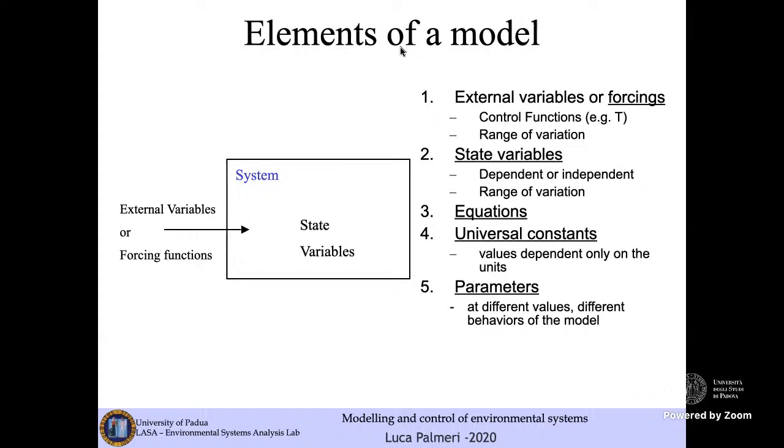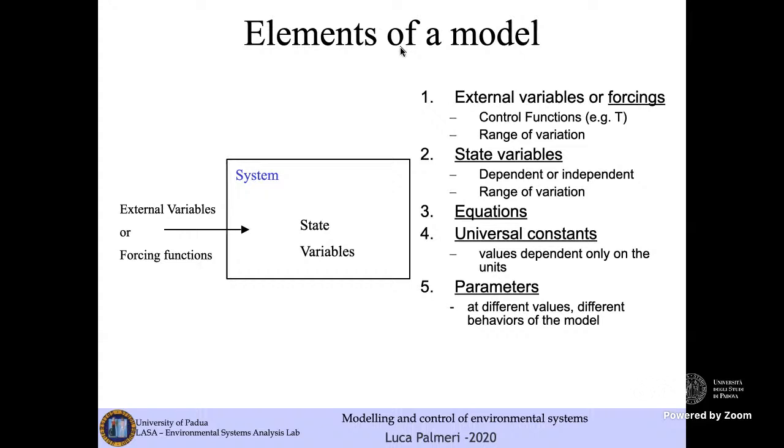When we introduce these kinds of quantities, it is also important to define, or to go in depth into the understanding of, the ranges of variation. For example, in ecology, we know that an optimal value of temperature for a wide class of biological processes is around 20 degrees. So 20 degrees reference temperature is, let's say, a starting point when defining the range of variation.